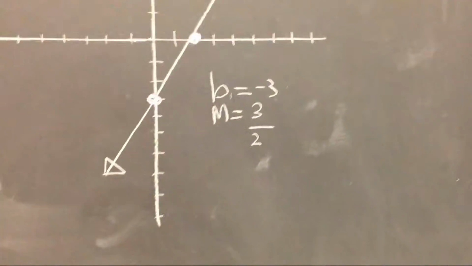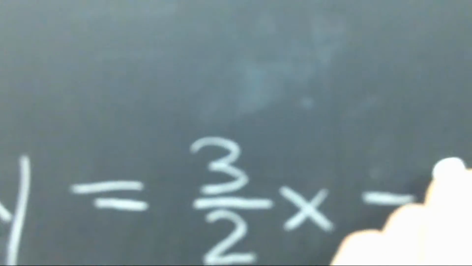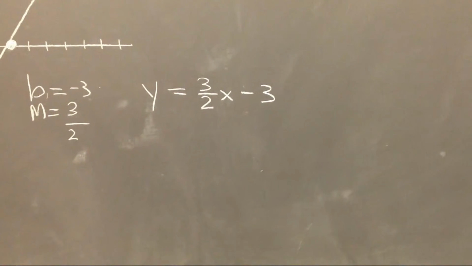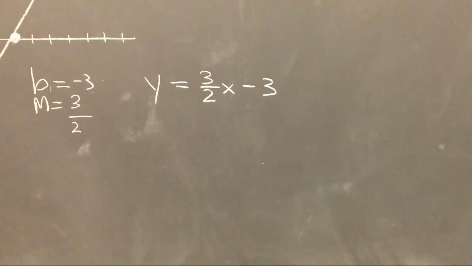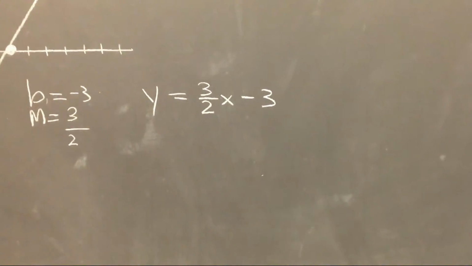So the slope is 3/2. So the equation of the line is y equals 3/2 x minus 3. Okay, now I've got the equation of the line.